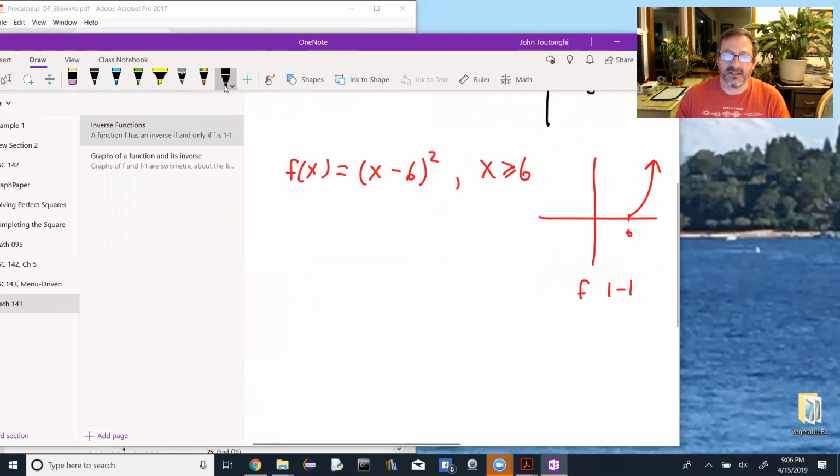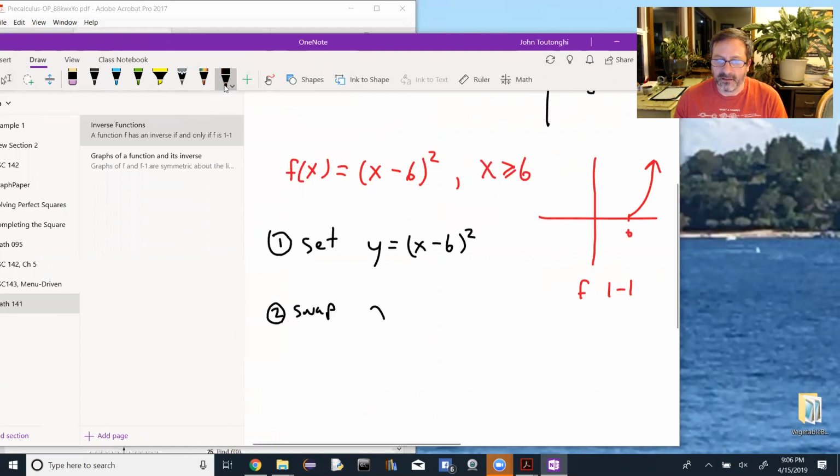So for this function that is now one-to-one, set y equal to the function, swap x and y. So we get x equals (y minus 6) squared. We're solving this for y.